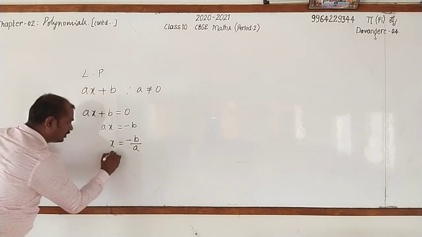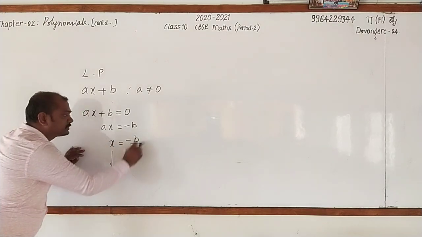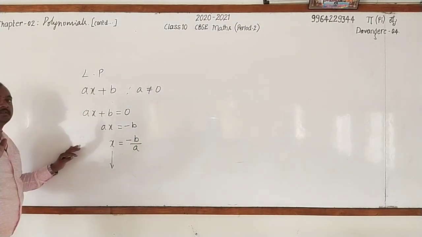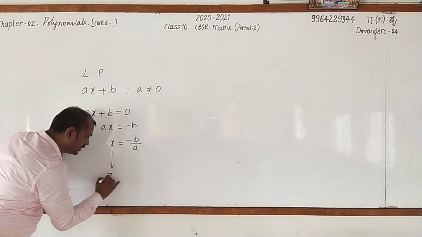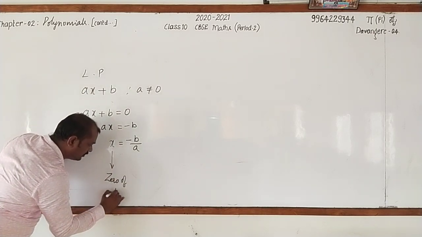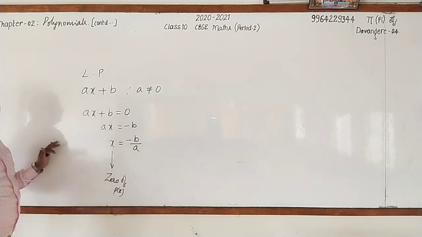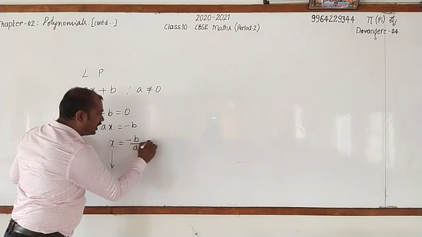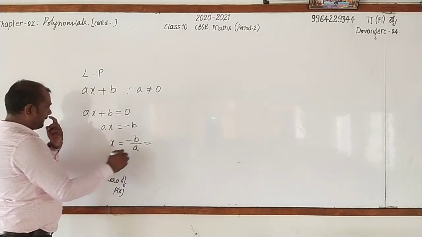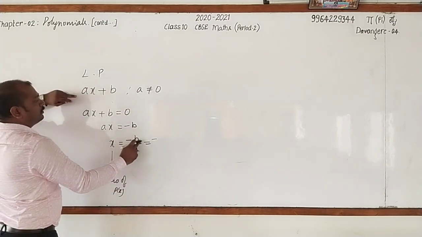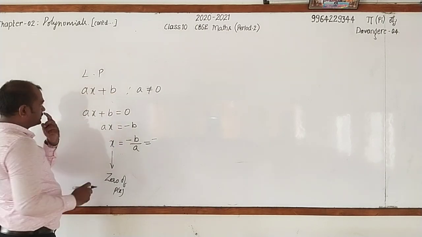Clear? Now you tell, what do you call minus b by a? It is the 0 of this polynomial, right? Then x is nothing but the 0 of the given polynomial. And observe each term in this fraction. Here minus, then what do you call b with respect to this?